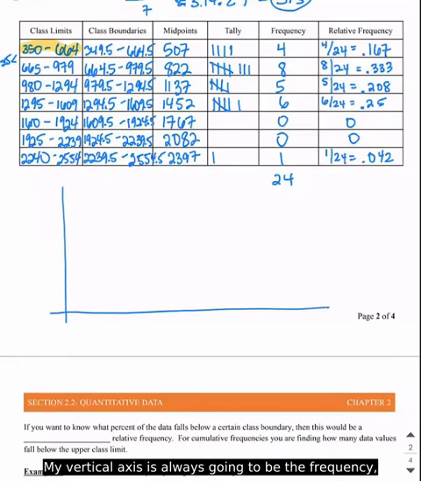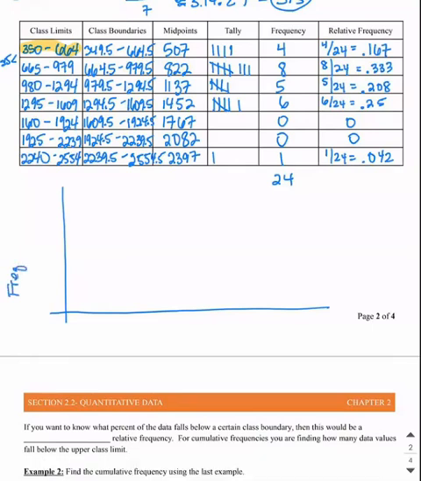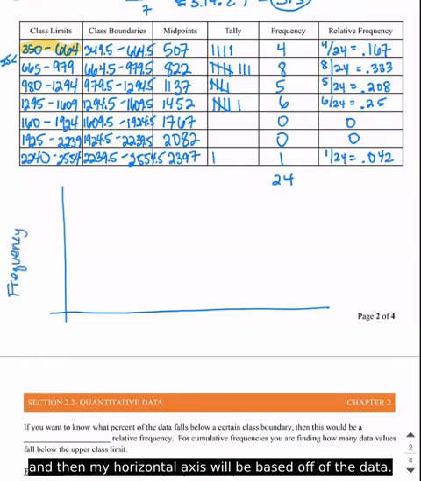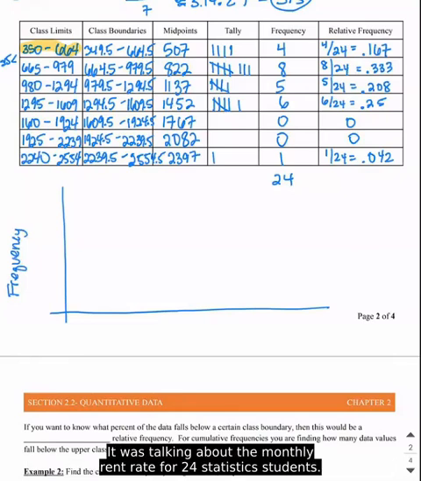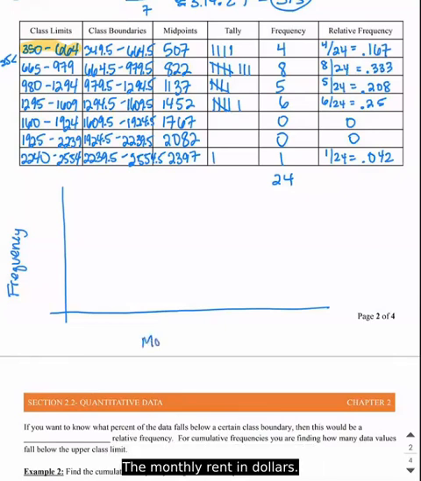So my vertical axis is always going to be the frequency. And then my horizontal axis will be based off of the data. So it was talking about the monthly rent, right, for 24 statistics students. So the monthly rent, in dollars. All right.